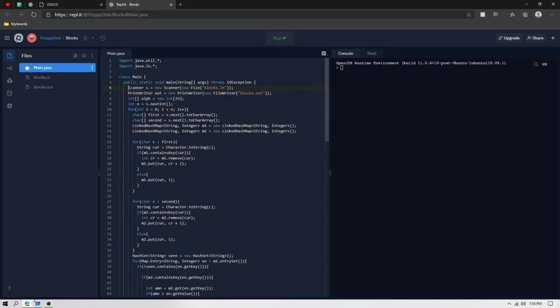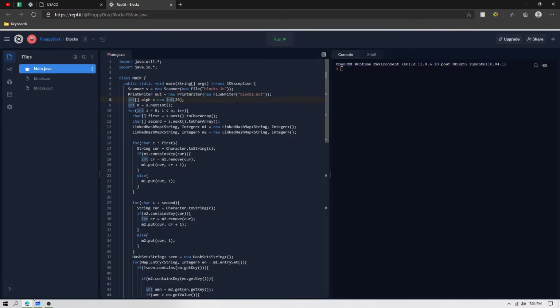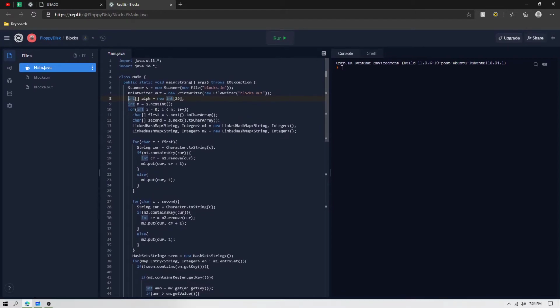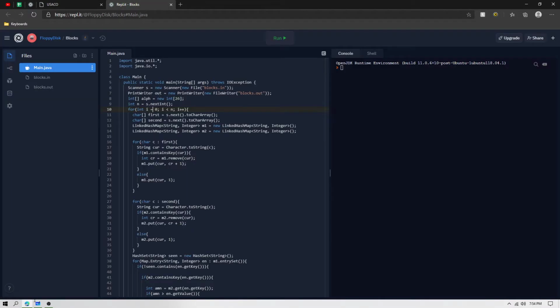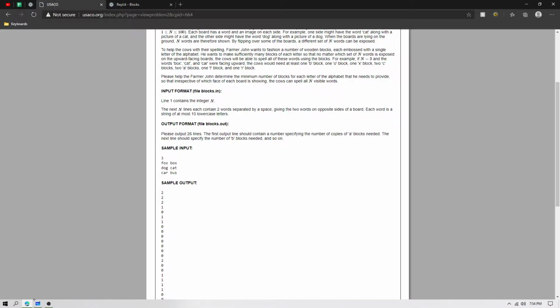Initialize our scanner, print our output, and this alf is our counts for each letter. We have our n, and we just go through each block in the input and calculate from there: fox and box, dog, cat, and so on.